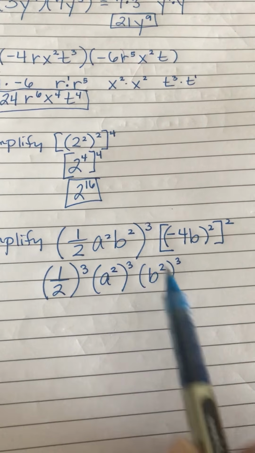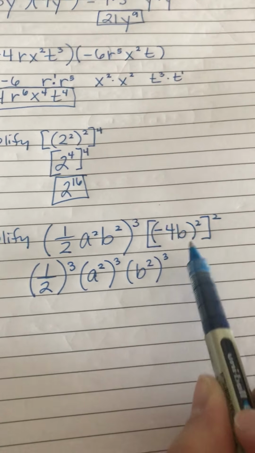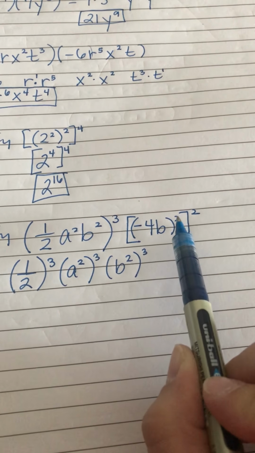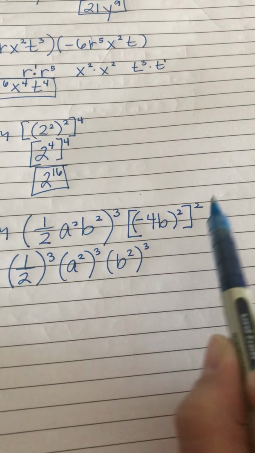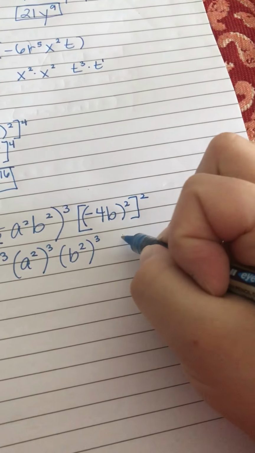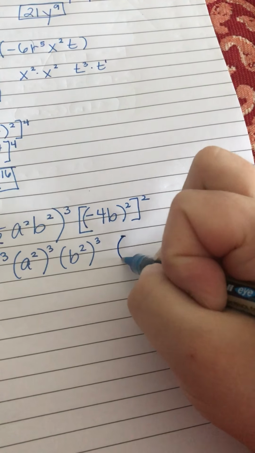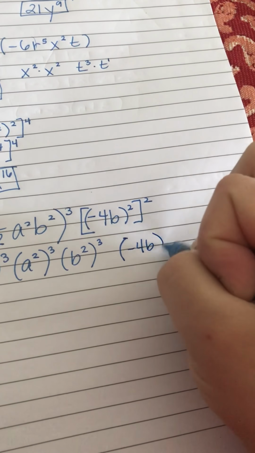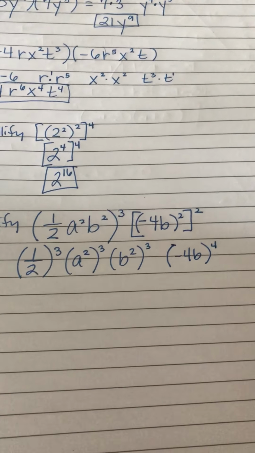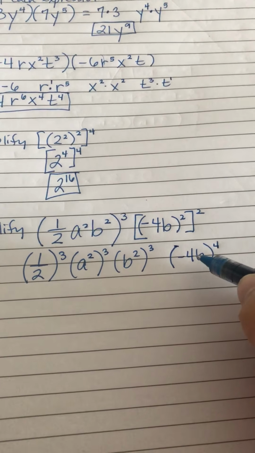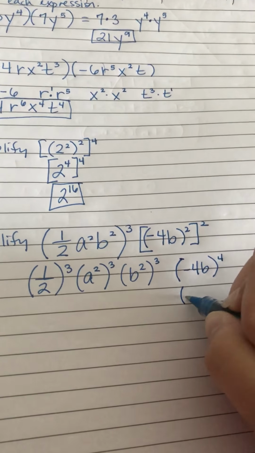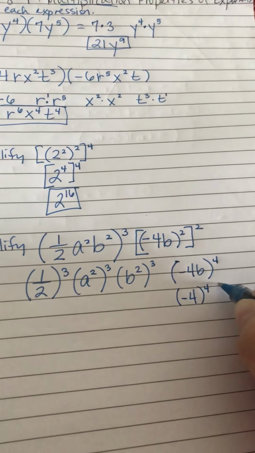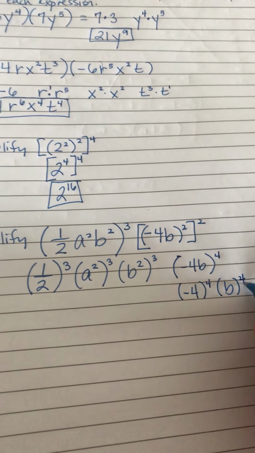All 3 of them are going to be raised to this third power. And same thing with this one, except I'm going to go ahead and multiply these first to get negative 4b to the 4th power. But now the negative 4 and the b both need to be to the 4th power. So I have negative 4 to the 4th and b to the 4th.